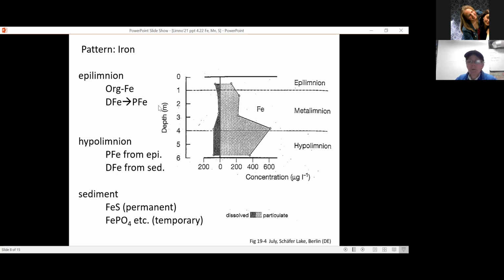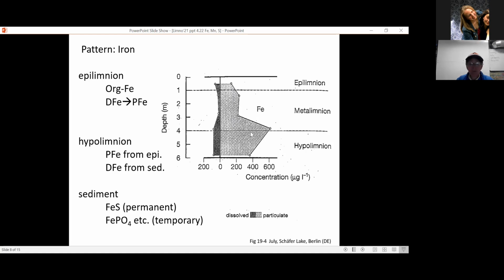You go down through the metalimnion, and the thing is that algae fall to the bottom and particles fall downward. And so even if there probably was more particulate matter here, it has fallen. And here we are seeing it on its way down. So here we have our highest concentration of particulate iron down here.